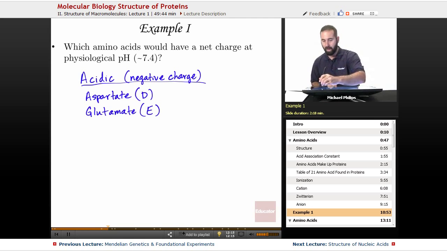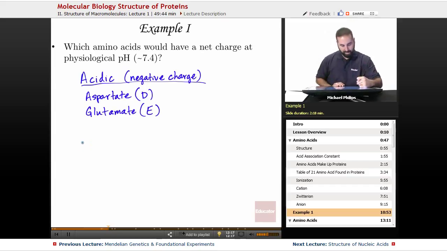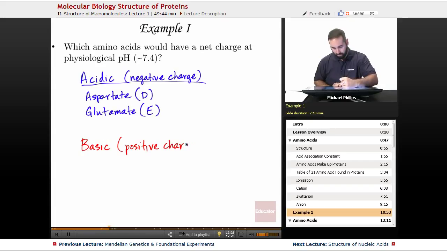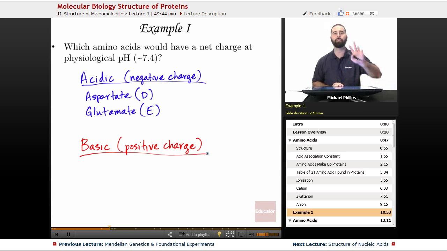Okay, so now what about our basic amino acids, otherwise known as having a positive charge? We have 3 of those.